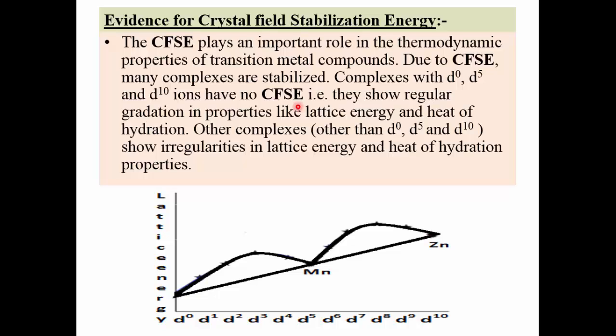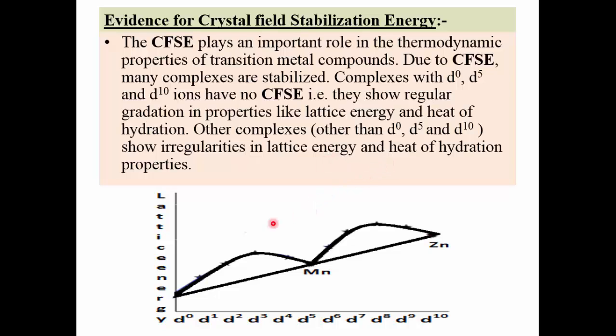These have no CFSE. They show regular gradation in properties, like lattice energy and heat of hydration. While other complexes, that means d1, d2, d3, d4, d6, d7, d8, d9, that means other than d0, d5 and d10, show irregularities in these properties, lattice energy and heat of hydration.